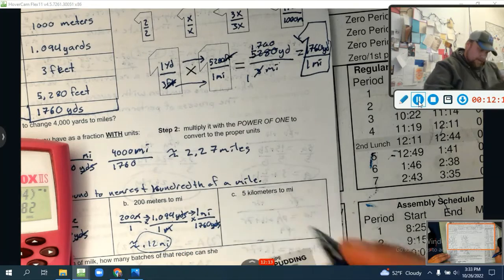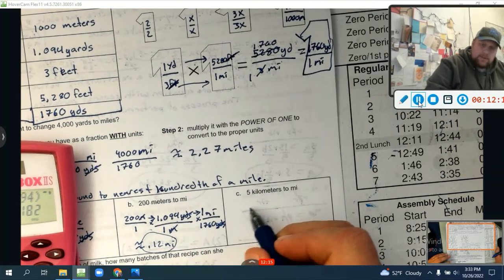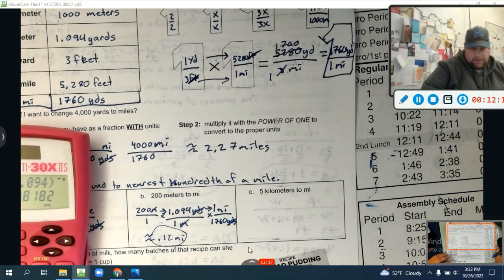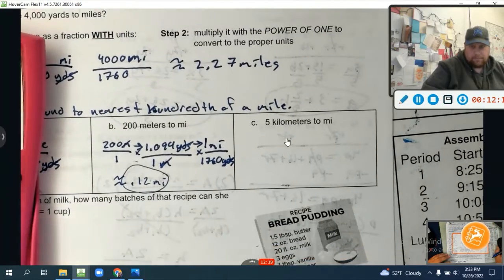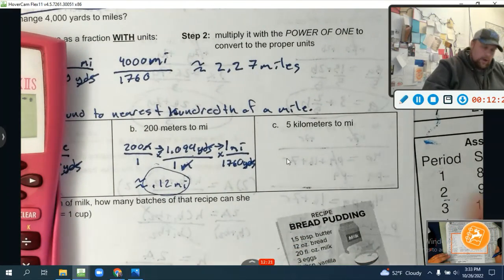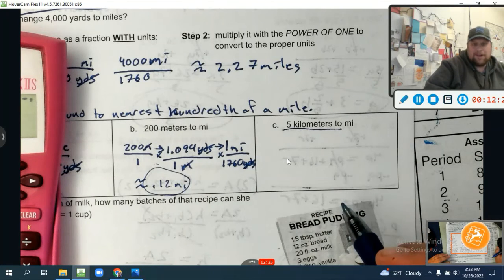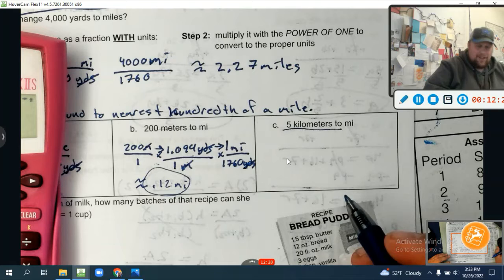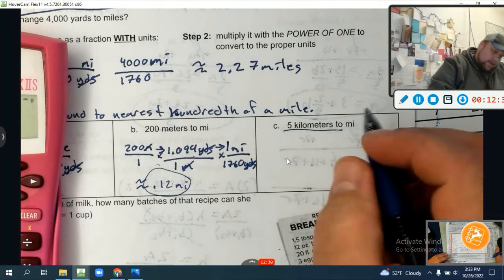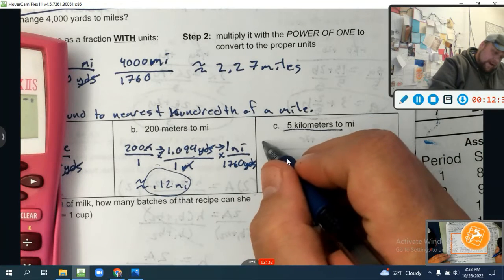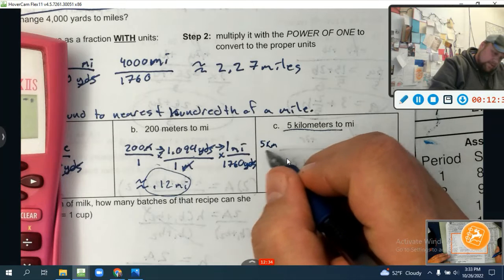Now we want to do kilometers to miles. It's going to be a very similar pathway to the meters, but we're going to add on a little extra distance here. So let's see. I've got 5 kilometers, km, that's kilometers over 1. And I need to change this to meters, because then I'm going to go from meters to yards and yards to miles, just like over here.